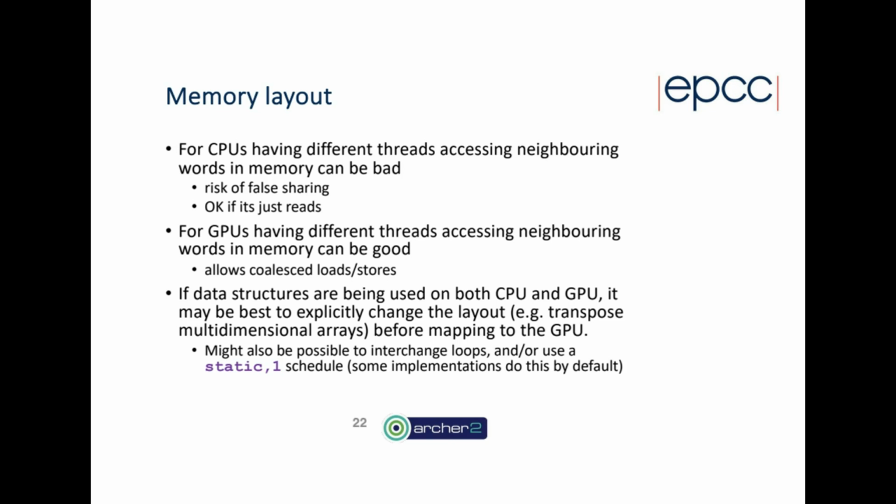Though I think probably what you see more of is just MPI plus GPU, and not necessarily using CPU threads as well. But in principle, there's no reason why you couldn't do that.